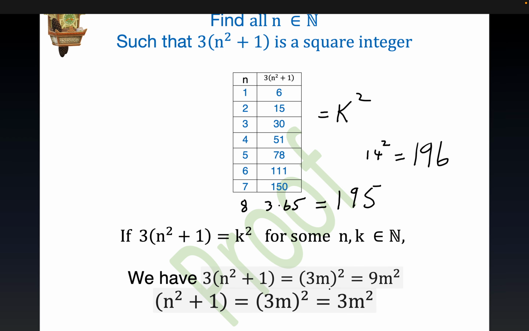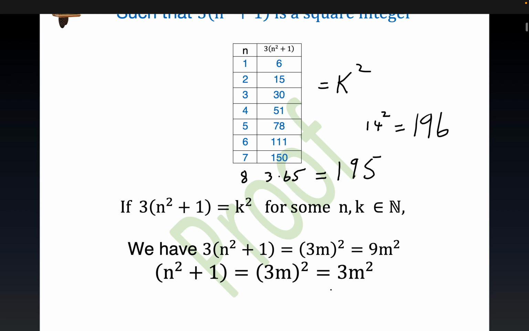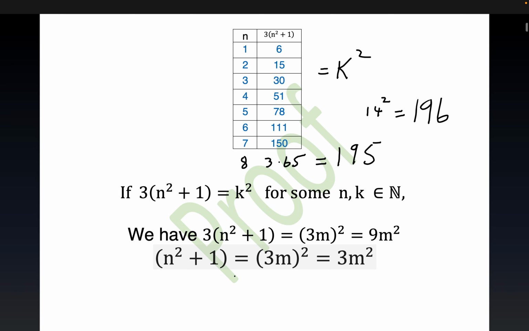And so that gives us a little bit of a break right here, because what we have here is n squared plus 1 is equal to 3m squared. Now notice this piece right here is always congruent to 0 mod 3 without even having to check m. Right? So the right-hand side is a constant in modulo arithmetic, namely 0.